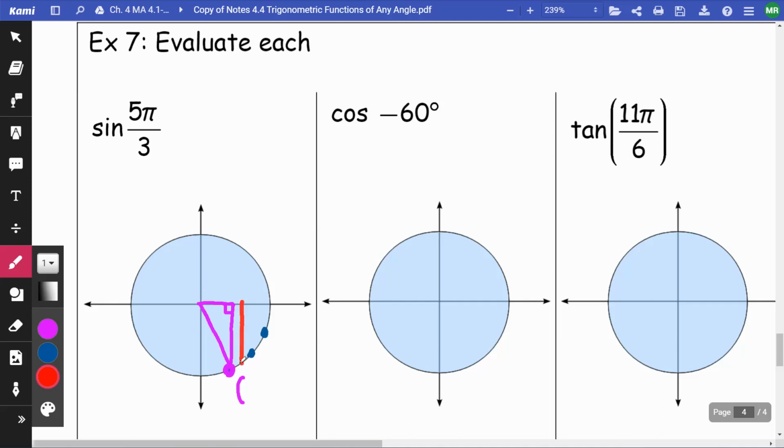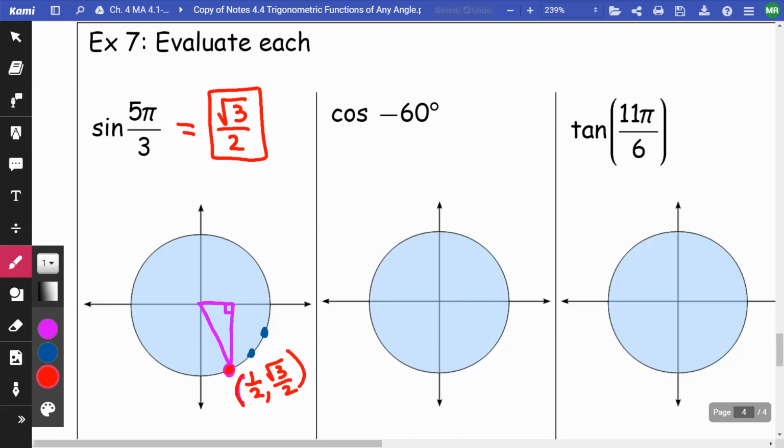Every time I'm saying long, you're thinking root 3 halves. So for this it is going to be 1/2 comma root 3 halves. That is this point right here. Sine is going to be the y coordinate, so that's going to be root 3 over 2.